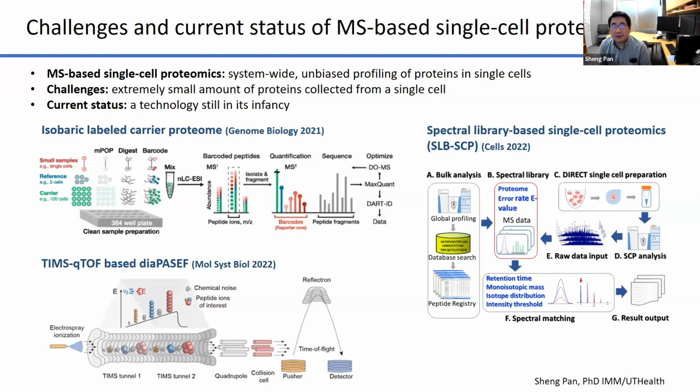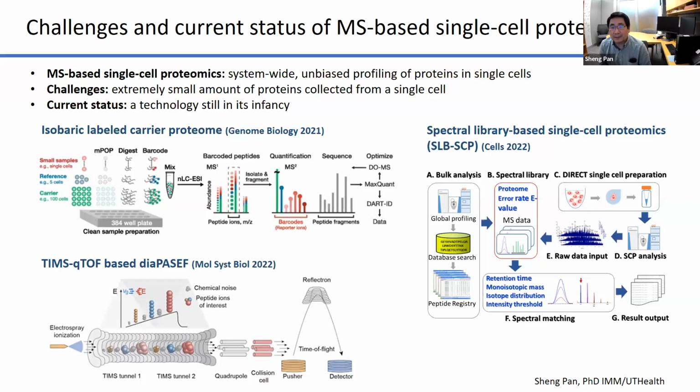The TIMS QTOF method and our method are both spectrum library based, but with a different mechanism. The TIMS QTOF method relies on the acquisition speed and sensitivity of the high-end instrument, and uses DIA-based MS2 data for peptide identification.